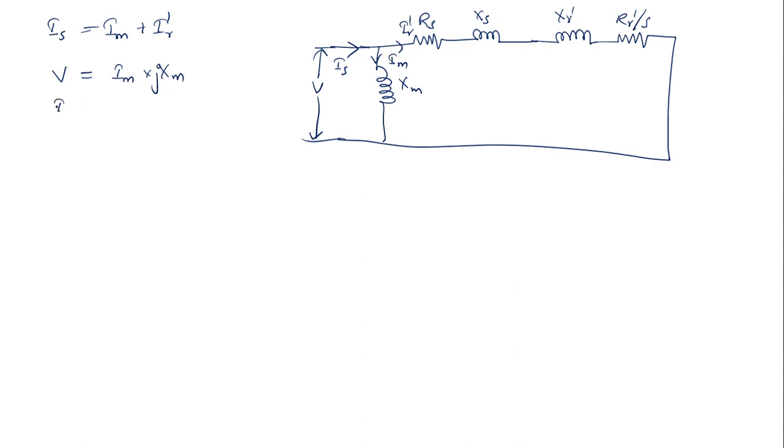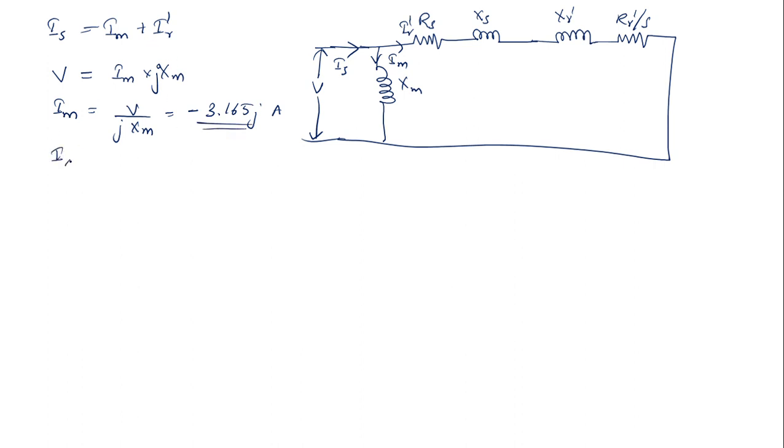So IM is equal to V divided by J XM. Substituting 253.2 divided by XM, which is 80 J, you will get minus 3.165 J amperes.